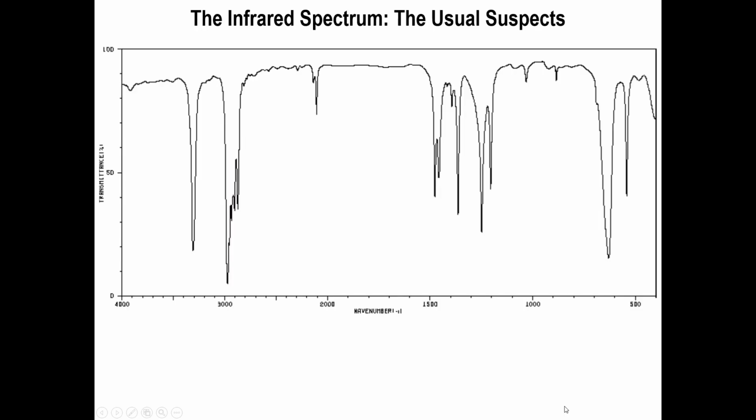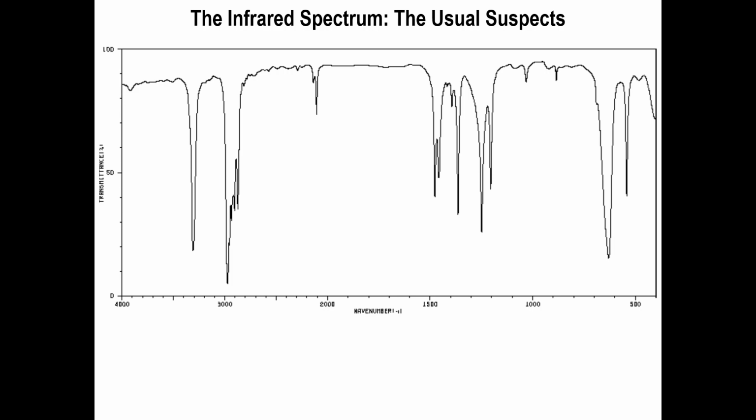Now, other things that you've also seen in the past, which I should probably remind you of right now, is spectroscopy. In particular, we're going to look at infrared spectroscopy first. Basically, you may recall that when it comes down to IR, there are a couple of sections that I want you to remember in particular.